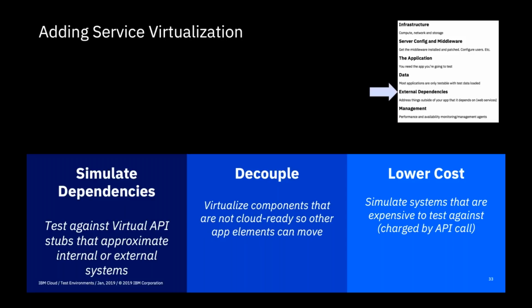So that's a lot of what service virtualization is about. Impersonate some other system, generate that capability with as little code and as little manual tuning as possible, so that you can shrink the size of your test environments, lower cost, and decouple from things that don't let you use cloud.